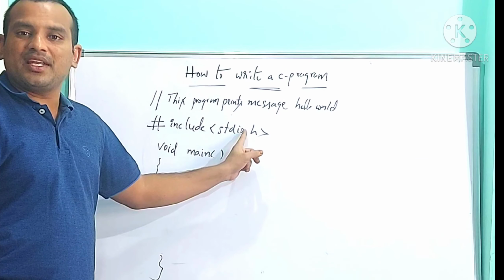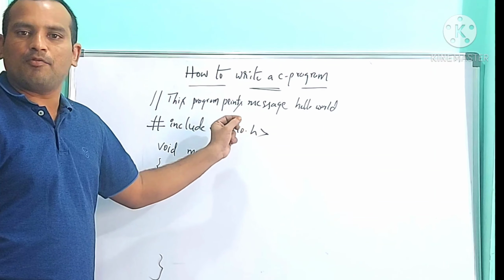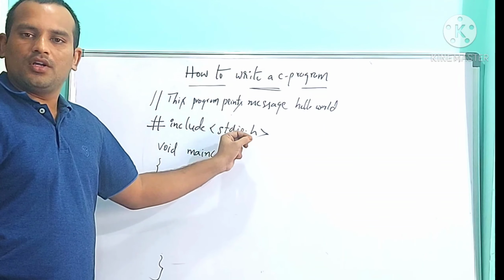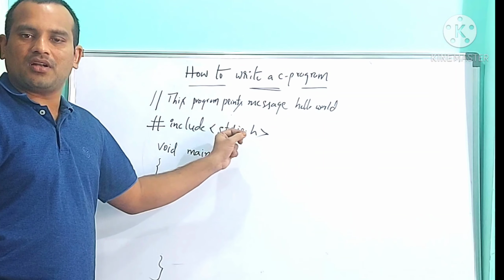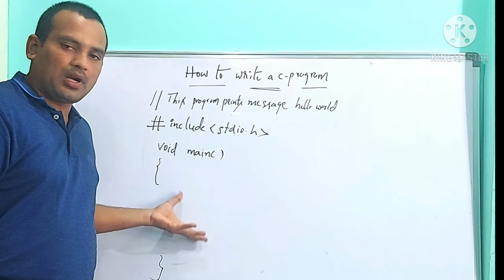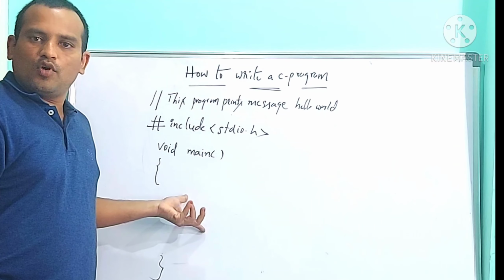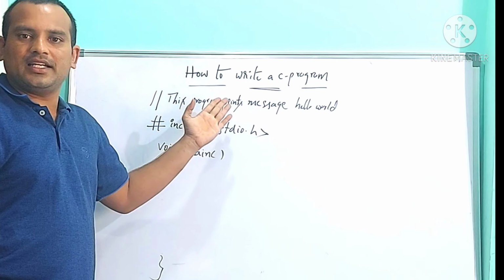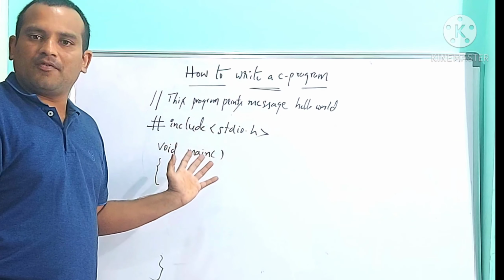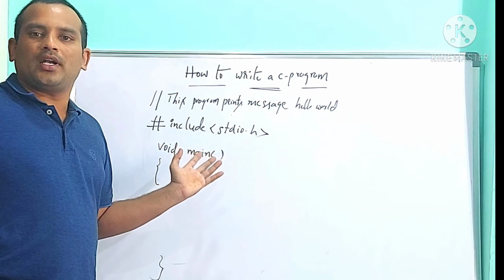It contains the meanings of the printf and scanf predefined functions. So if you want to use printf or scanf in your C program body, then we must use the header file stdio.h.